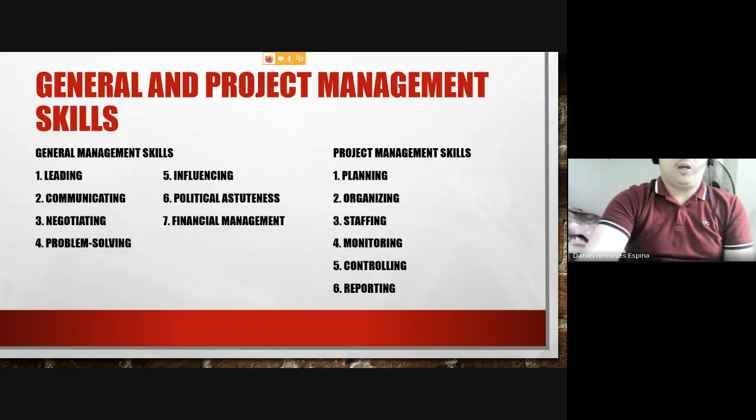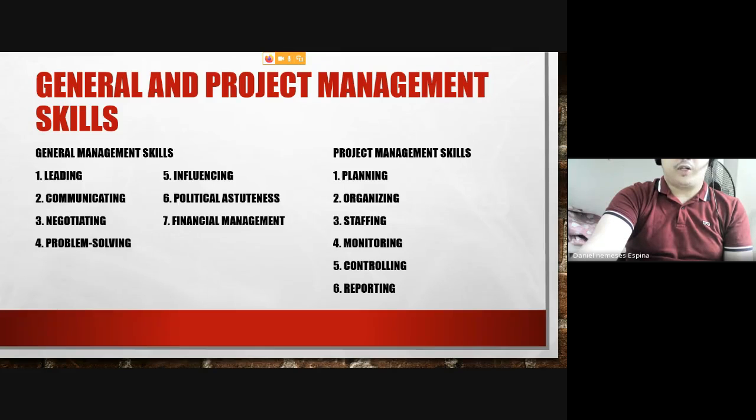It's about the setup or the organizational culture. And then lastly is financial management, because of course part of managing the project is also managing the resources, especially the budget.